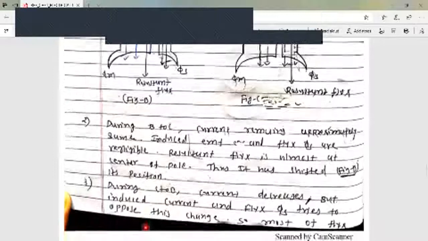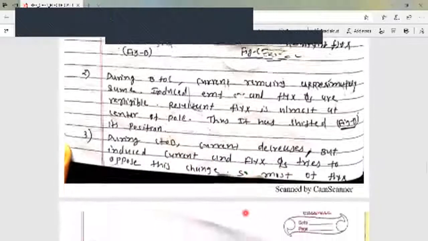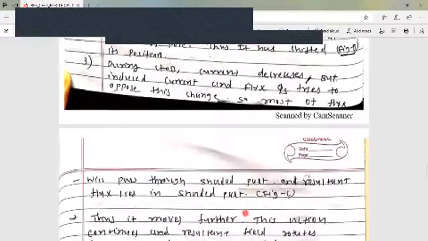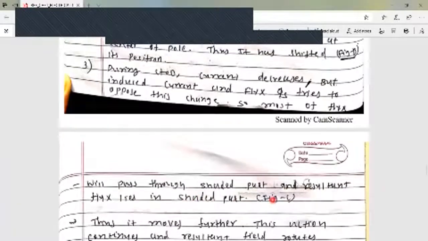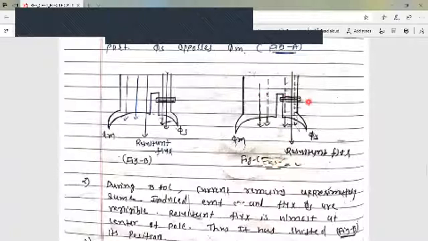Now from C to D, current decreases, but induced current and flux phi s try to oppose this change. So most of the flux will pass through the shaded part and resultant flux lies in shaded part. See in figure C. Now, all the flux passes through this shaded part.